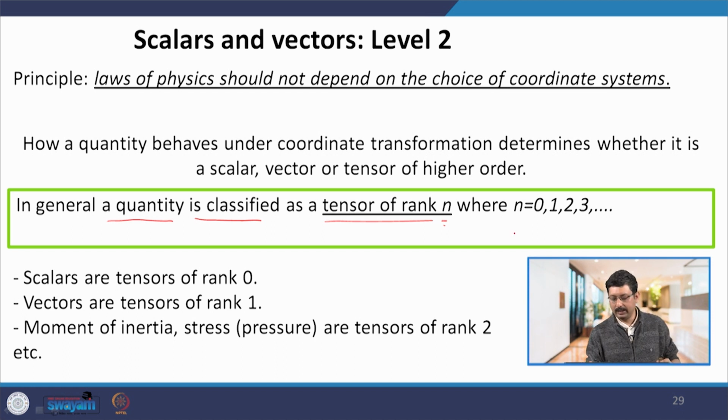So, if they are invariant, you do not need any, you need 0 of them, that represents the invariant behavior, then these are scalars. If you need one coordinate transformation matrix, then these quantities are called tensors of rank 1.